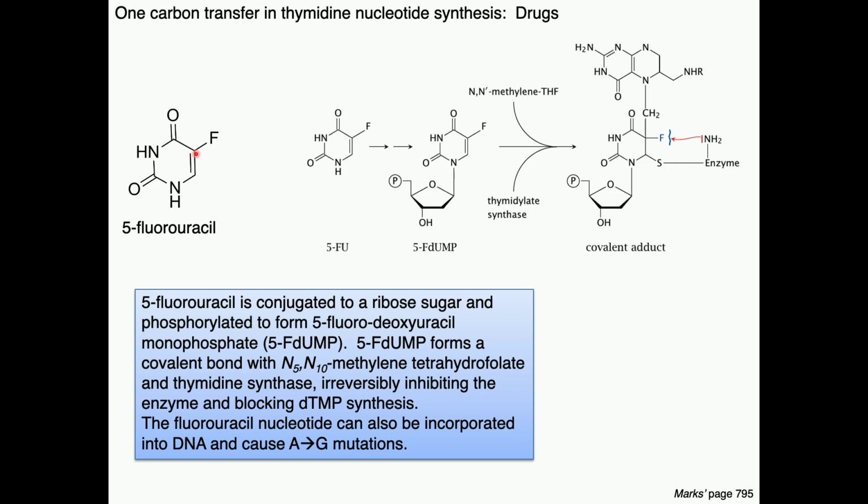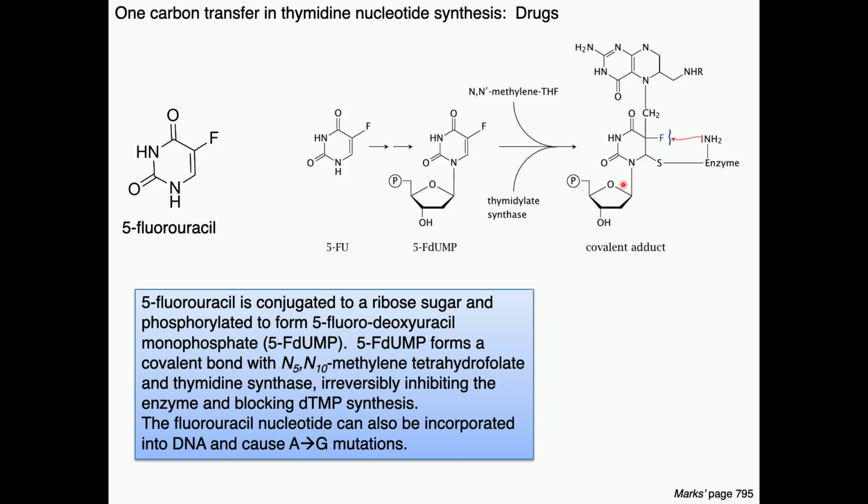So the prodrug is an analog of a base, and then it gets converted into a nucleotide by the same intracellular enzymes that would do normal nucleotide metabolism.